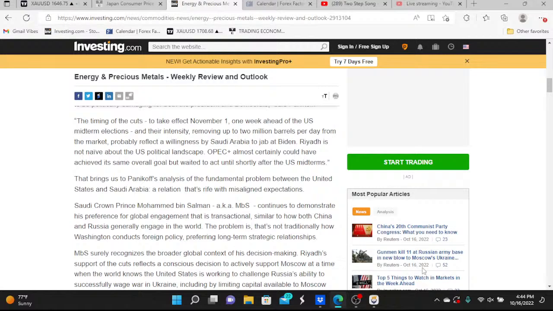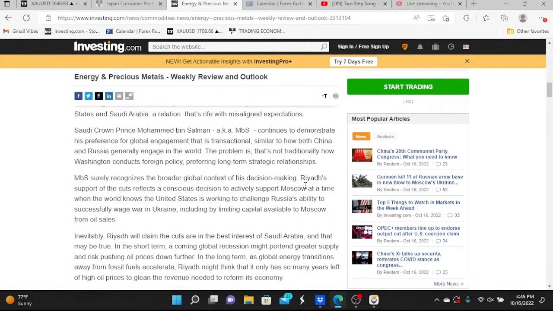That brings us to Panikoff's analysis of the fundamental problem between the United States and Saudi Arabia, a relationship that's rife with misaligned expectations. Interesting.